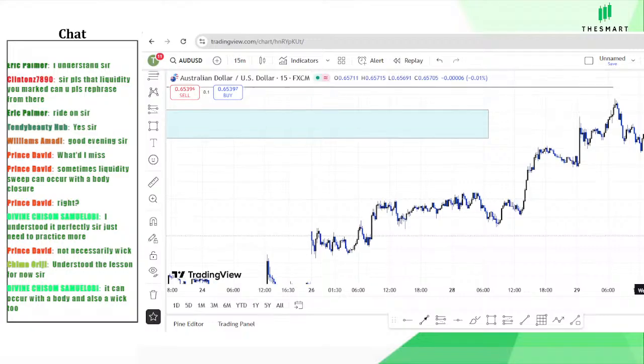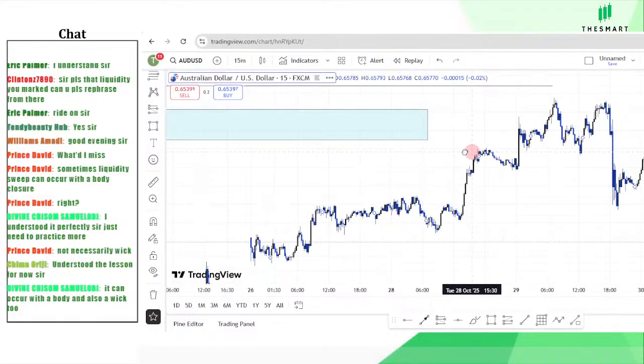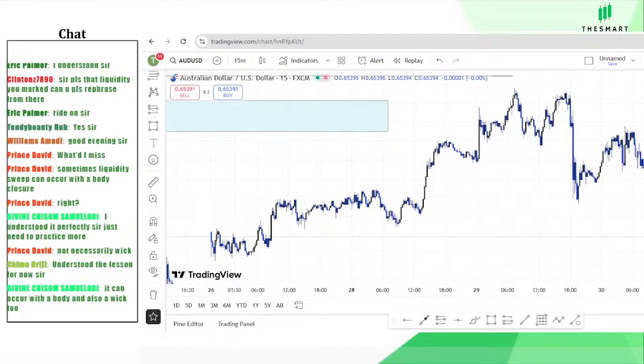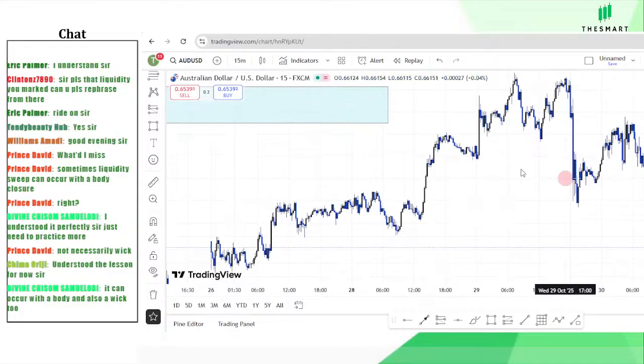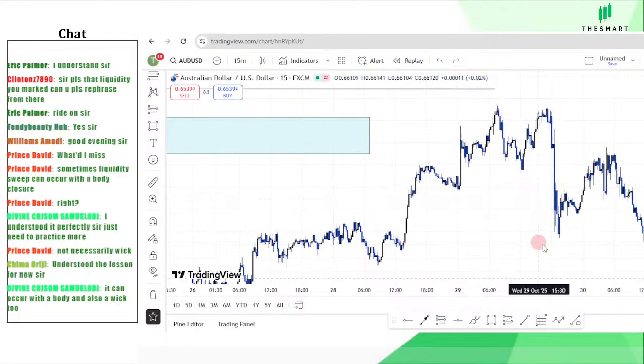Let's see if waiting for 15 minutes will have actually gotten something from the market. Because that's one thing I've seen: when you want to work with a smaller time frame, you have to think of when you want to trace a sweep, you have to go down to a smaller time frame.